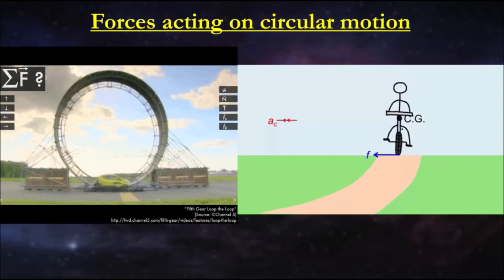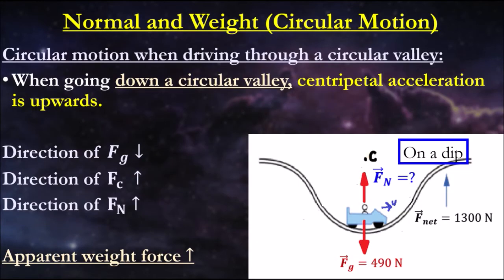The loop-the-loop will come later. Let's firstly look at something a little bit more simple. If we have a circular motion on a valley, so when you're driving downhill and then there's this little dip and then you go back uphill, that's what we call a circular valley.